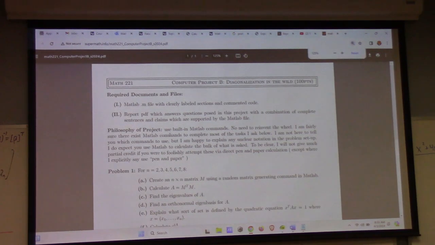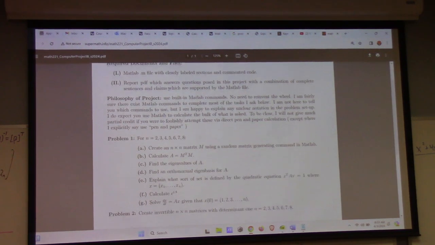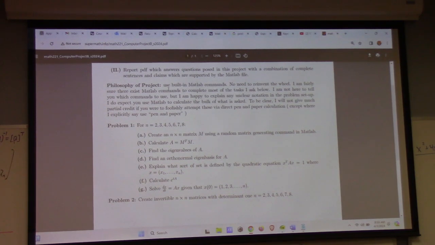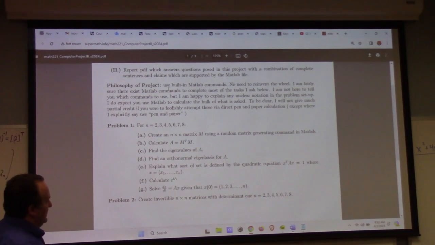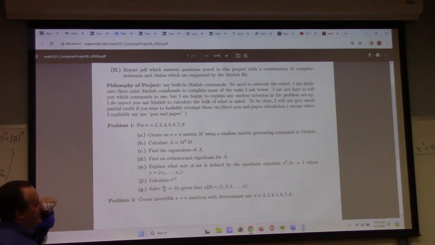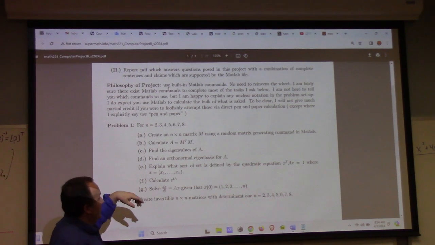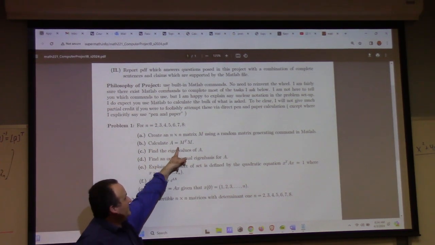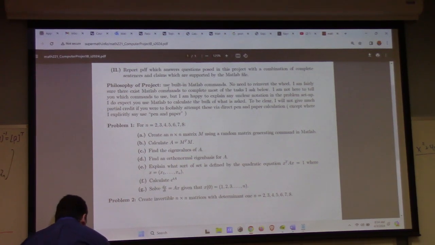Come on. This one here, let's see, what can I tell you about this one? I said create an n by n random matrix. You will find this pretty easily; there are ways of creating random matrices. Let me explain what's going on here. Me being lazy, I didn't want to create another batch of examples, so I decided to make you create the batch of examples for part B. What is the nature of this matrix? You have A equal to M transpose M. What happens when you transpose this?